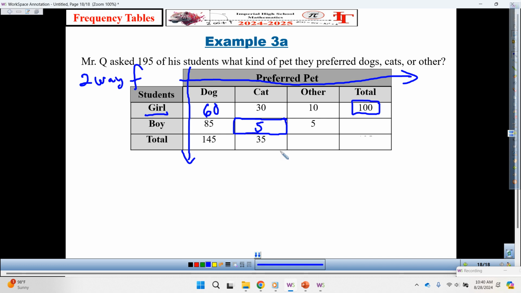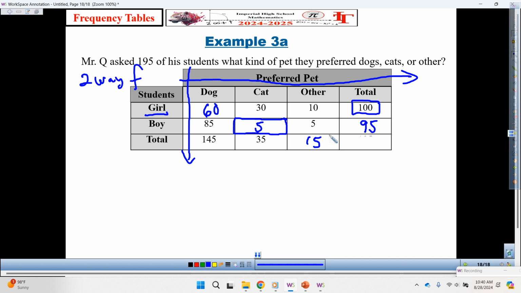All right. Next. So out of the 195 students, how many were questioned that were boys? Tell your neighbor how you got that number. 95. That is correct. So out of all the students, how many prefer other pets other than cats and dogs? 15.